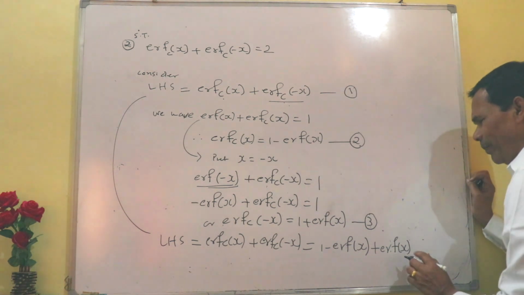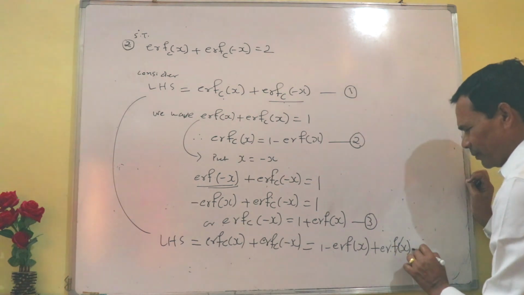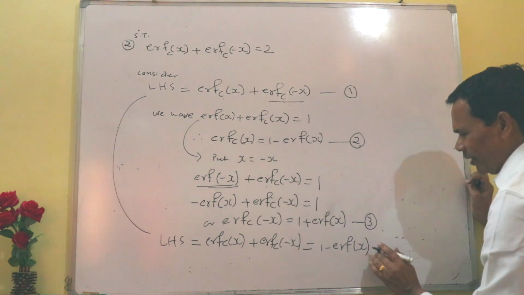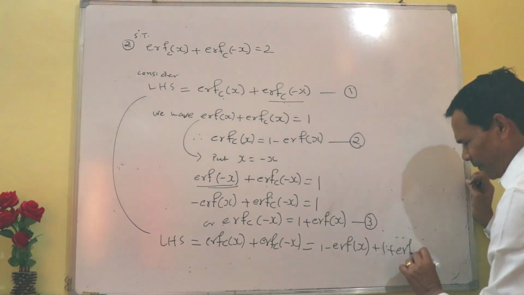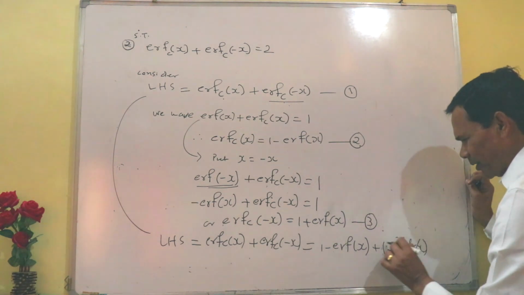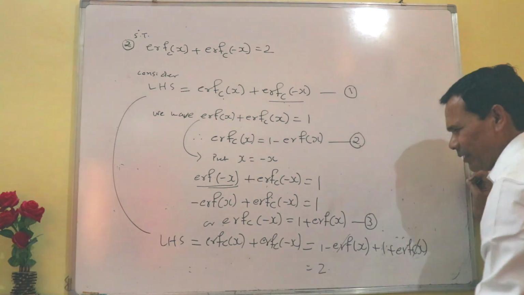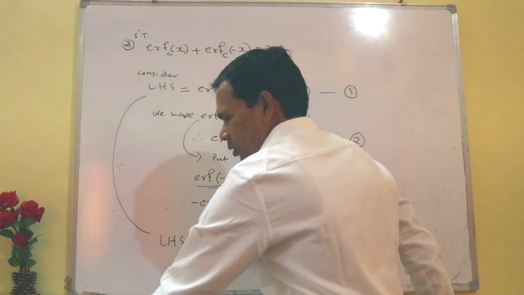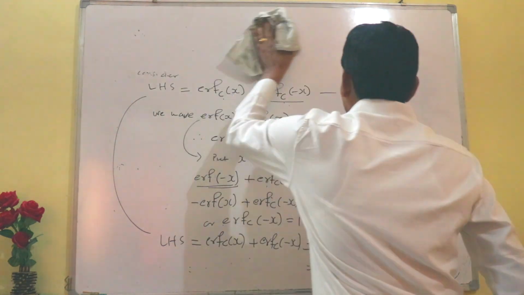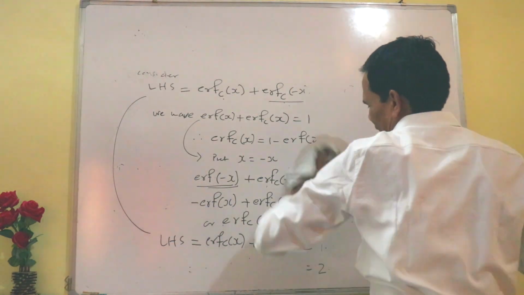So the error function of x gets cancelled and you get the value 2. So we proceed further for the next example on the error function.